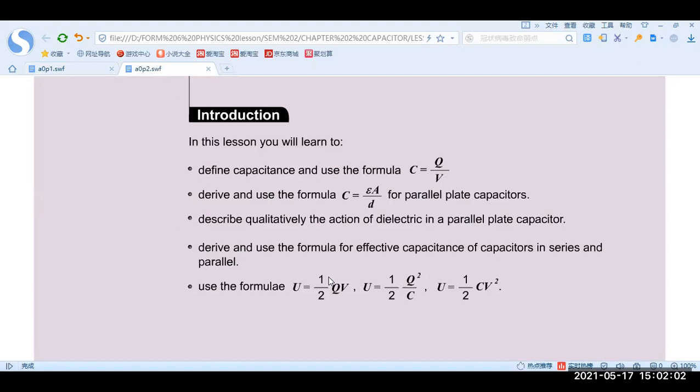And next, derive and use the formula for the effective capacitance of capacitors in series and parallel arrangement. And use the formula of U equal to 1 over 2 QV or U equal to 1 over 2 Q squared over C or U equal to 1 over 2 CV squared.